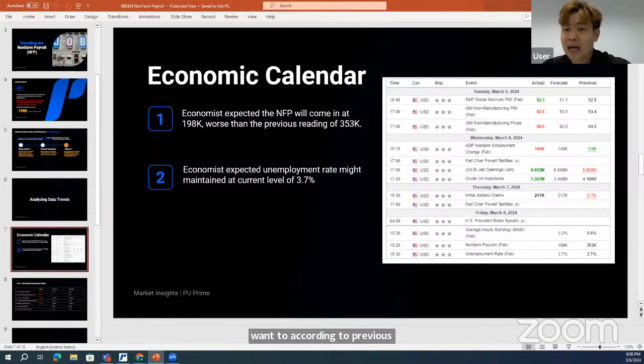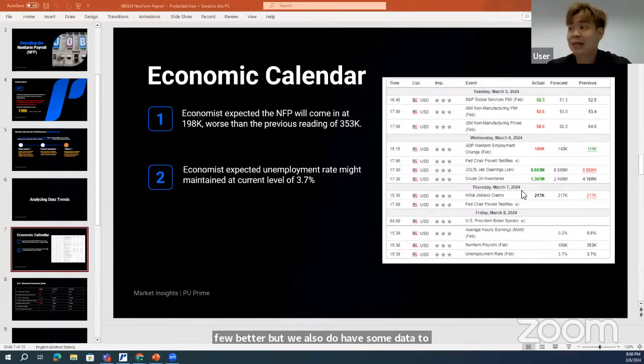You can notice that recently, overall economic data from the US region is mixed. We do have several data points that can support the dollar going up and a better NFP, but we also have some data supporting the dollar going down in a pessimistic economic outlook. And this is the overall data.